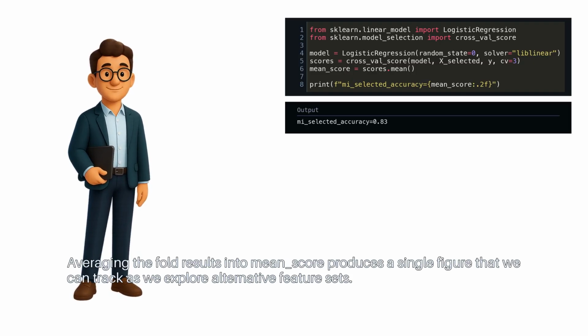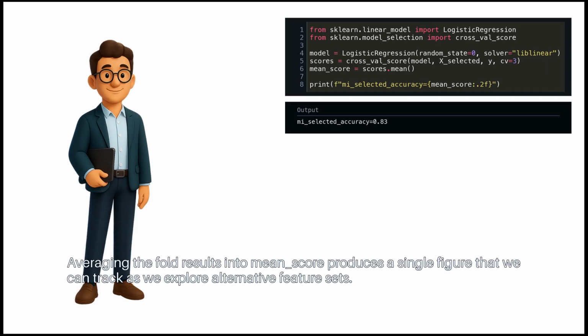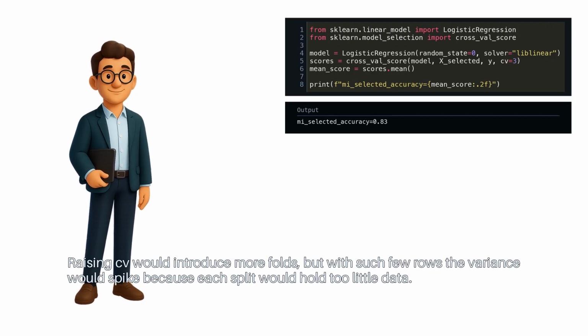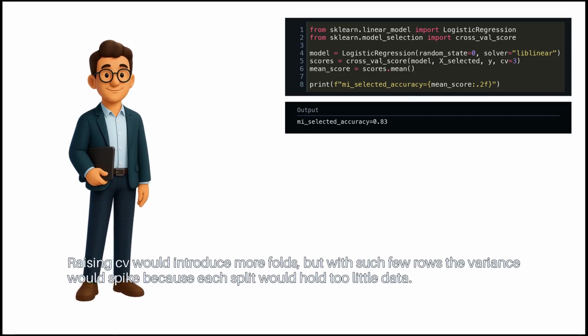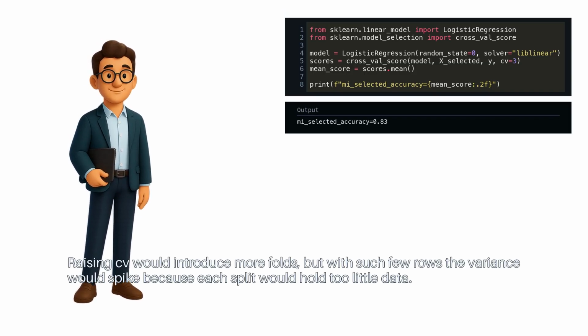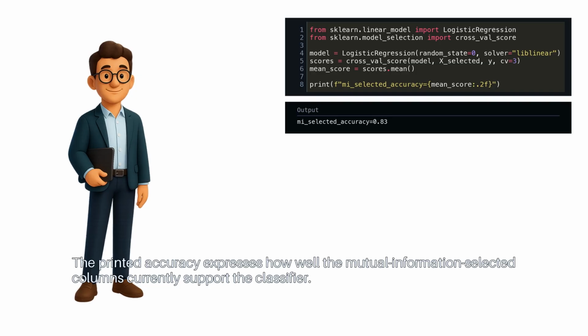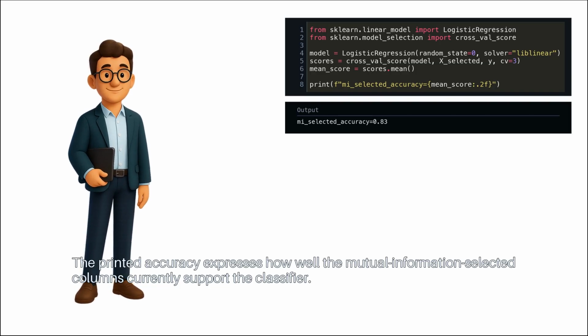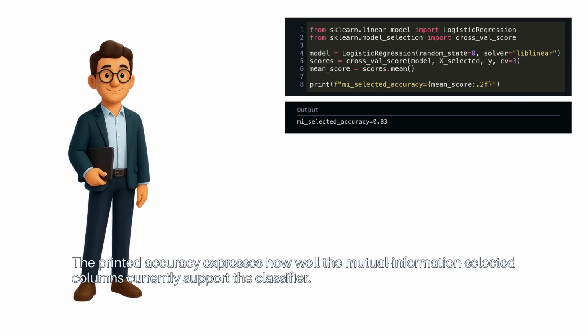Averaging the fold results into mean_score produces a single figure that we can track as we explore alternative feature sets. Raising cv would introduce more folds, but with so few rows, the variance would spike because each split would hold too little data. The printed accuracy expresses how well the mutual information selected columns currently support the classifier.